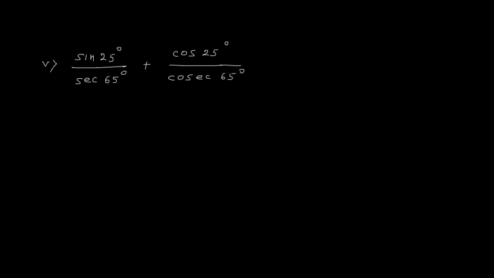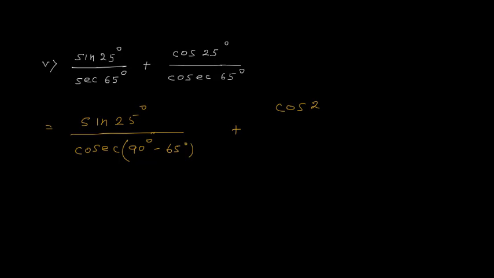The numerator is sine 25 degree, so this is equal to sine 25 divided by sec, which I will change into cosec 90 degree minus 65 degree, plus the numerator cos 25 degree, and the denominator cosec, which I will change into sec 90 degree minus 65 degree.